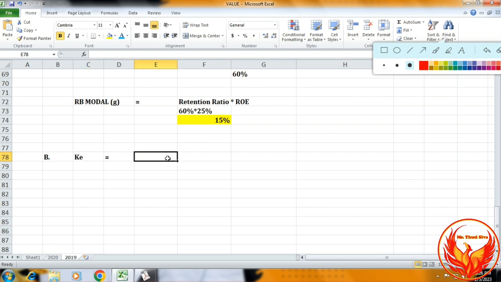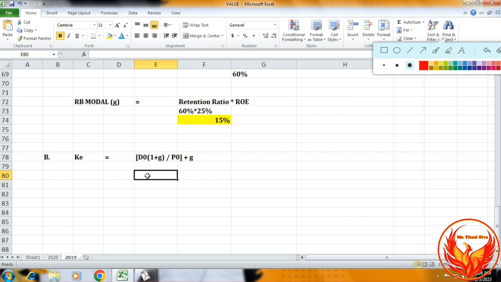We can calculate it through this equation: D0 into (1 plus g) divided by P0, plus growth rate.